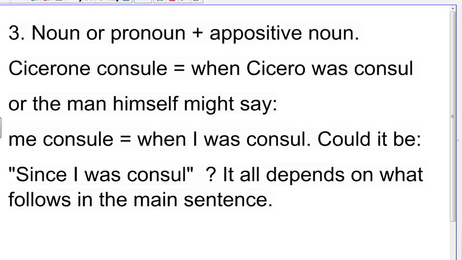And an illustration of that is a lot easier than looking the word appositive up in the dictionary. So the one I put down was Cicerone consule. Noun plus another noun, both in the ablative case, we have an ablative absolute on our hands, and the translation most likely is when Cicero was consul.